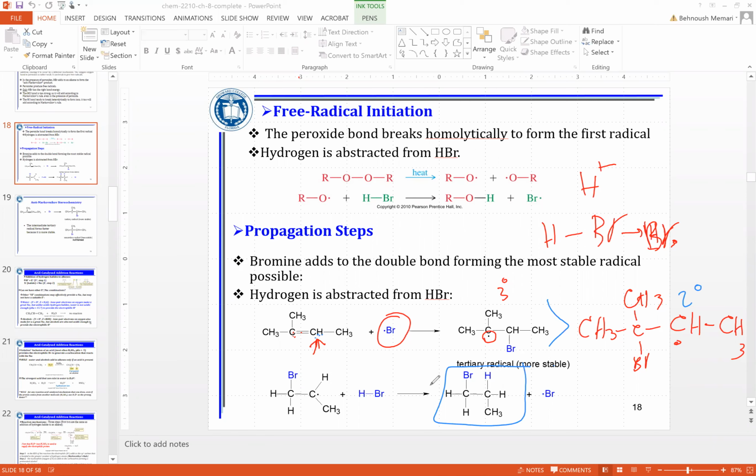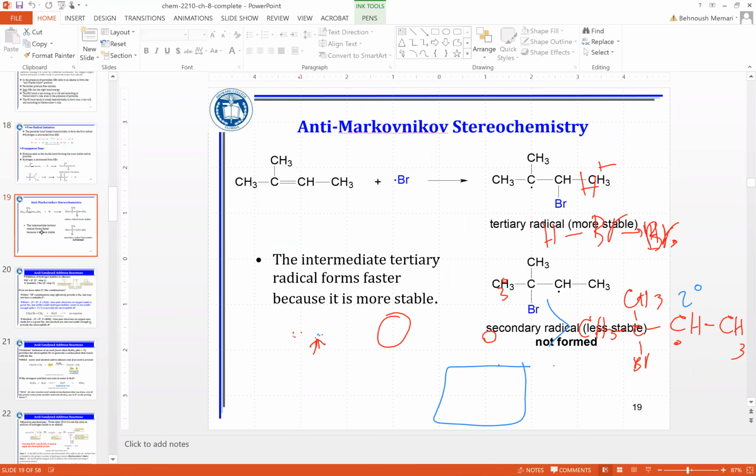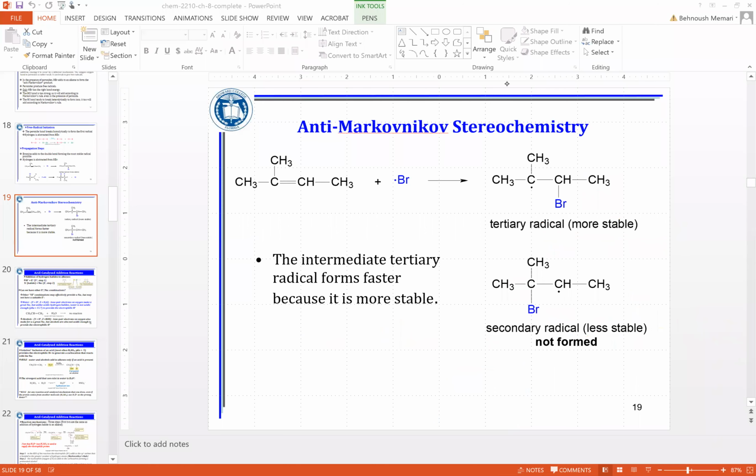For the anti-Markovnikov product, hydrogen would add to the carbon with the least number of hydrogen, and Br would add to the carbon with the greater number of hydrogens. So if you learn the mechanism and know the fact that a more stable intermediate is going to yield the major product, those are facts that you need to memorize, you need to know by heart.